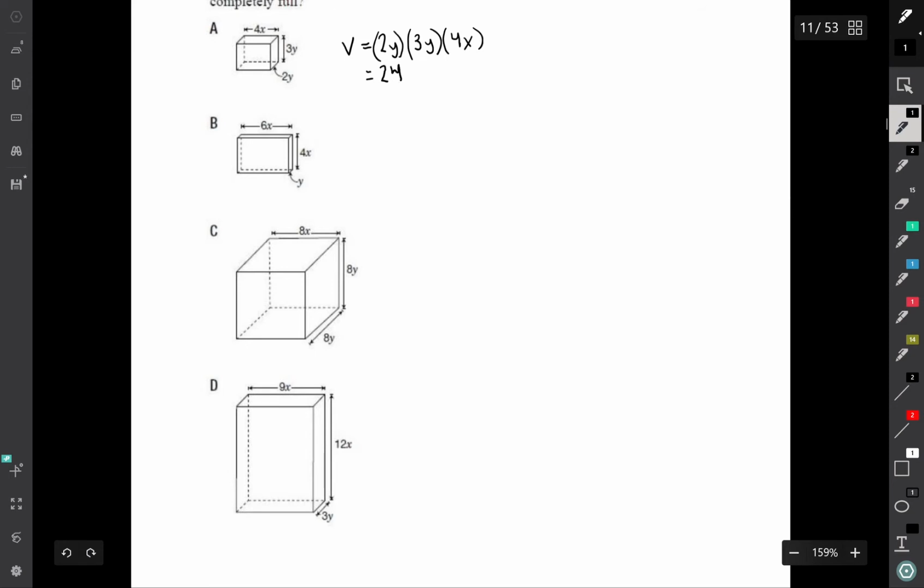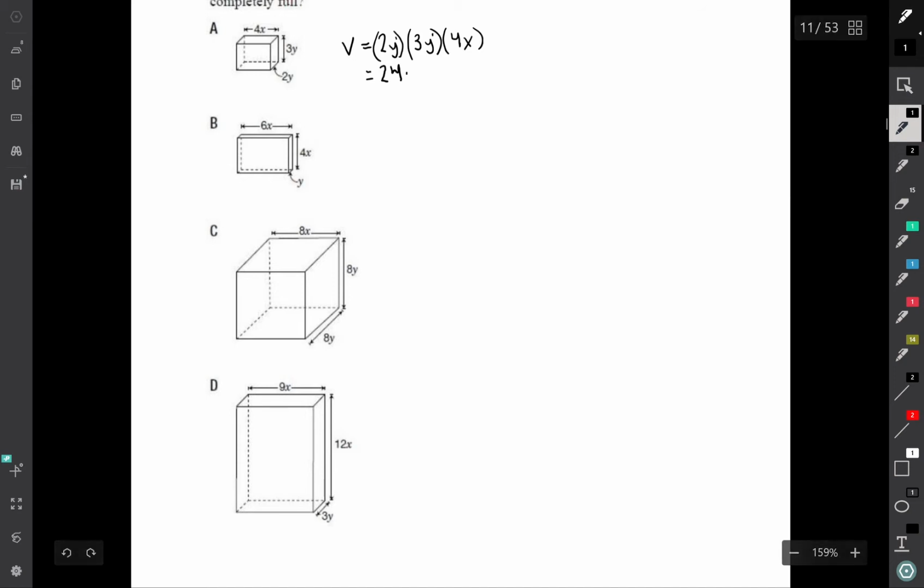All right, and now let's look at our y term. So we have a y here and a y here. And remember that even though there's no exponent, they technically have an exponent of 1. And when we multiply terms that have the same base, we just add the exponents together.